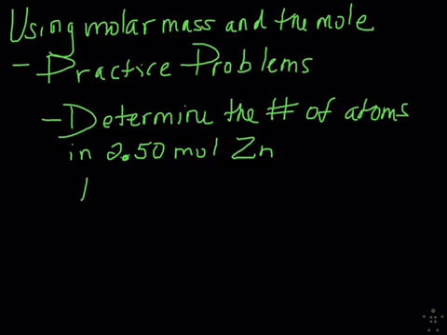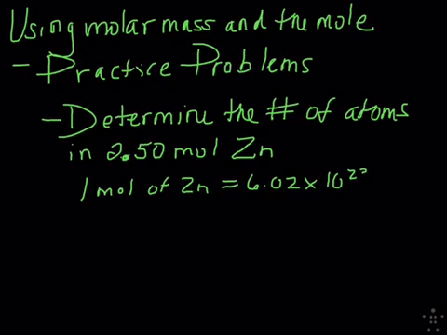Do we know how many atoms are in 1 mole of zinc? How many? And if we have 2.5 moles, don't we just need to take 2.5 times that number? Yes, that's one way to think about it.